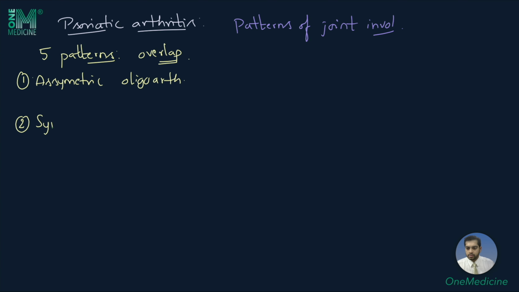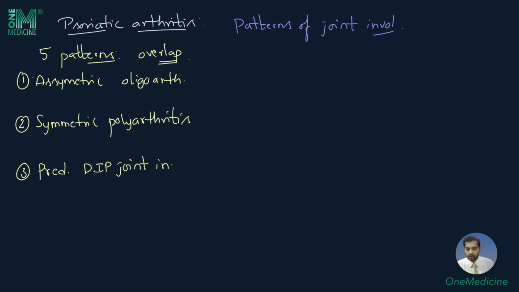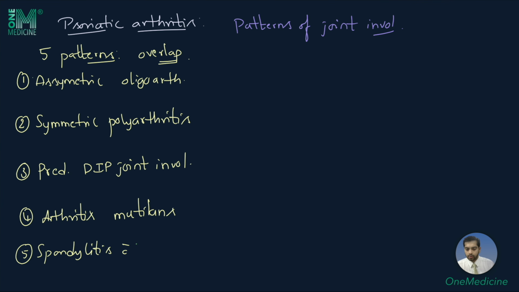Second is symmetric polyarthritis. Third, predominant distal interphalangeal joint involvement. Fourth, arthritis mutilans. And fifth, spondylitis with or without sacroiliitis.